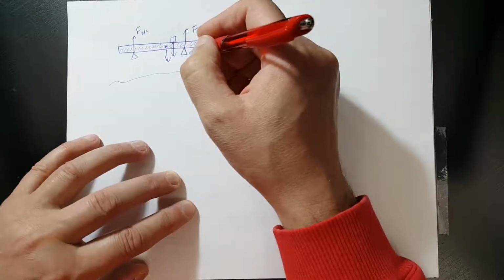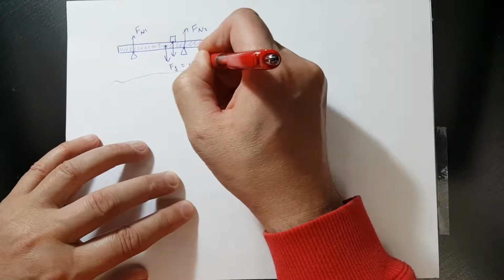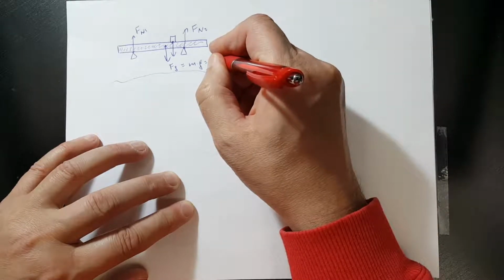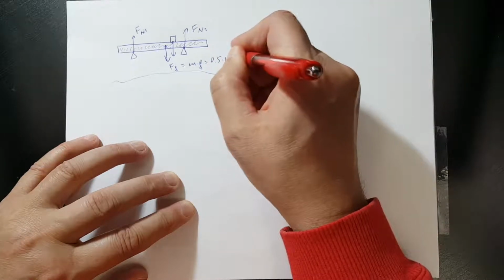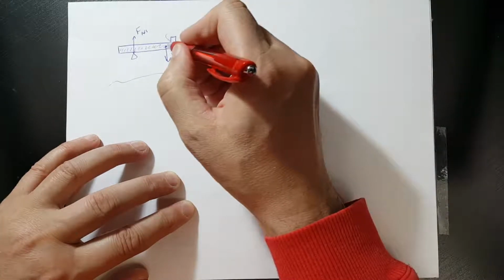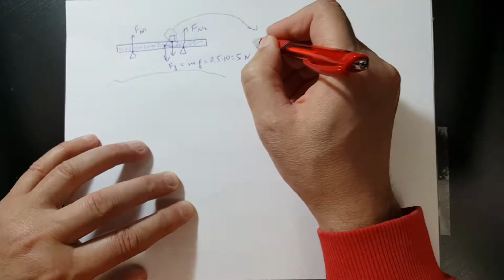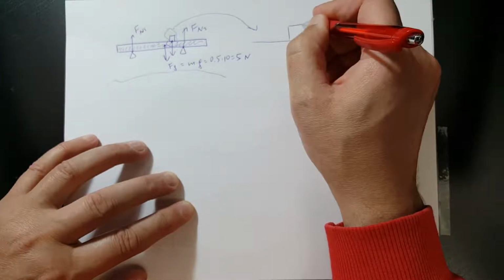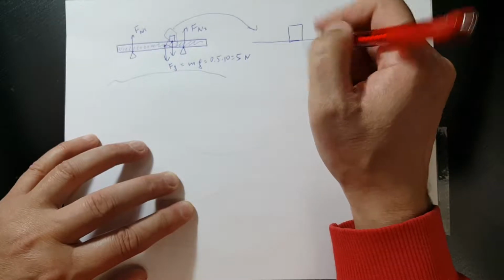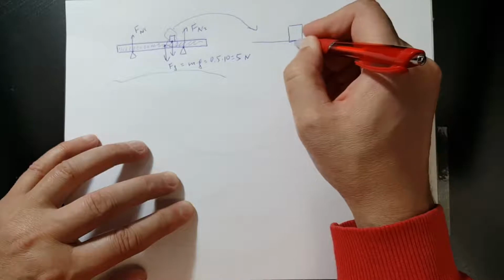Now, to calculate the force of gravity acting on the board, we do this: 5 newtons. This force is a little bit tricky, so let's take a look at the enlarged picture. There is a force acting from this mass on the board here.